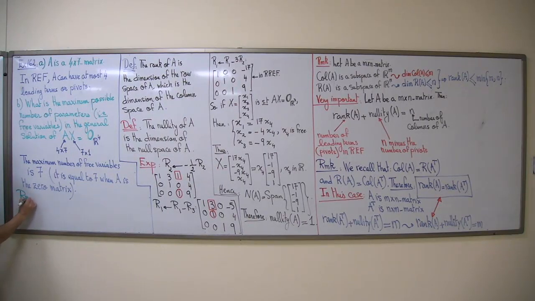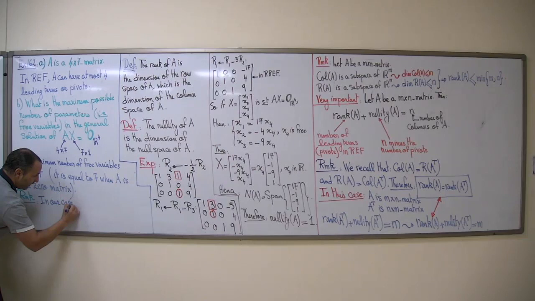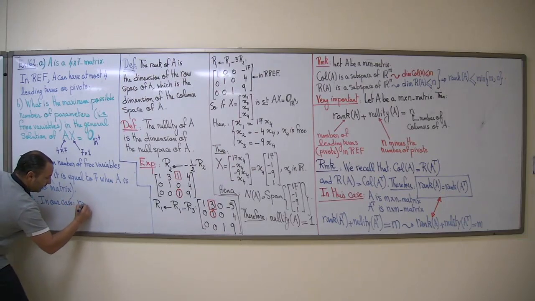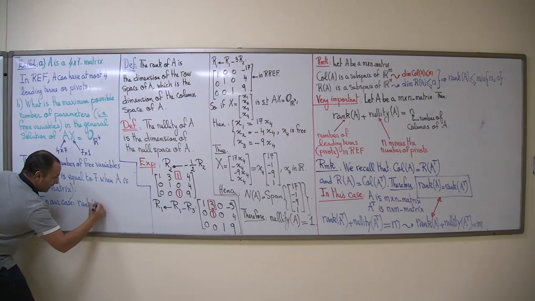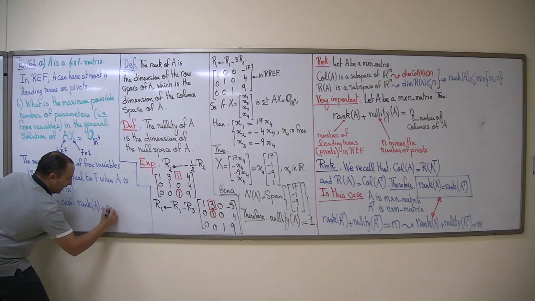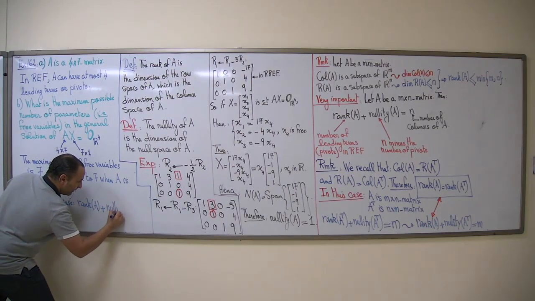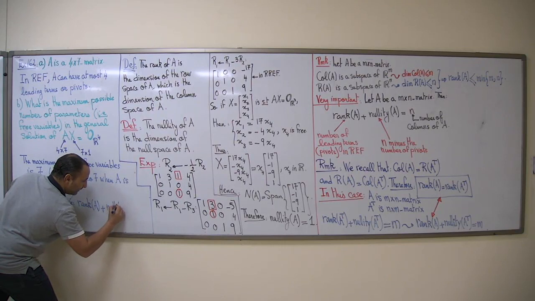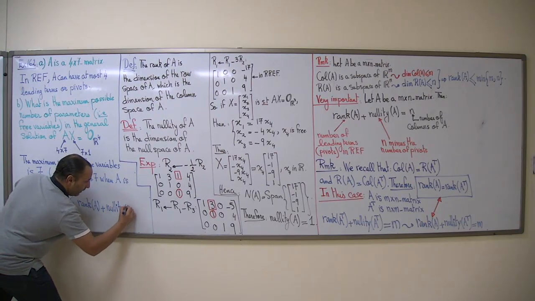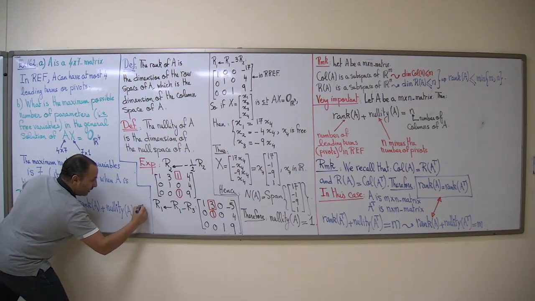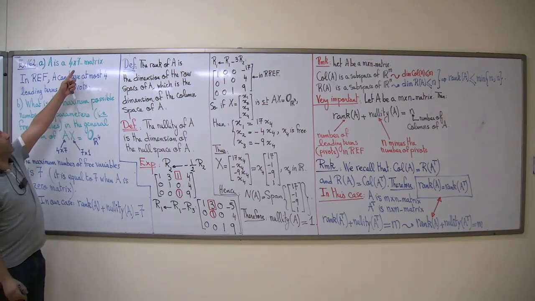I put it as a remark, but you will see the next question will be exactly about this remark. So we have for the remark of this exercise, for this question B, in our case, rank of A plus nullity of A is equal to 7, the number of columns of the matrix.